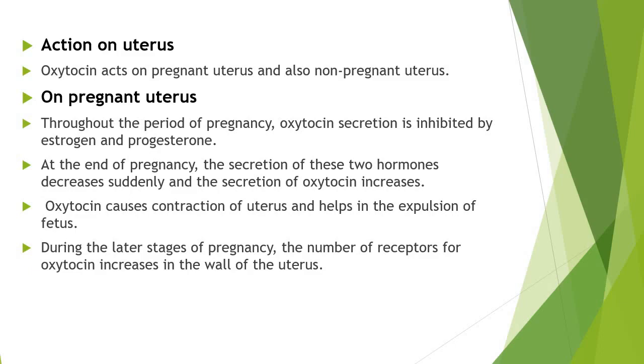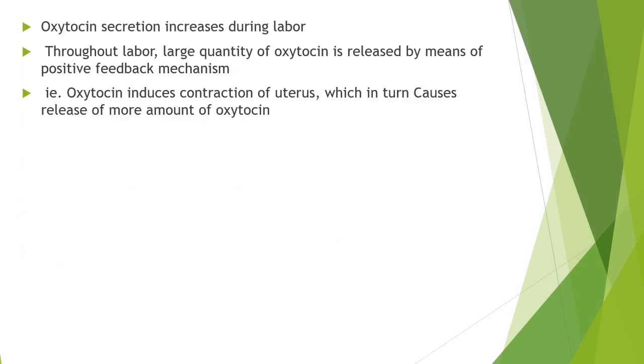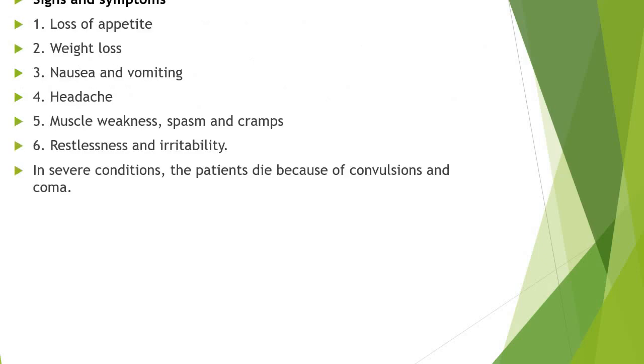During the later stages of pregnancy, the number of receptors for oxytocin increases in the wall of the uterus. Oxytocin secretion increases during labor. Throughout labor, a large quantity of oxytocin is released by means of positive feedback mechanism. That is, oxytocin induces contraction of the uterus, which in turn causes release of more oxytocin.